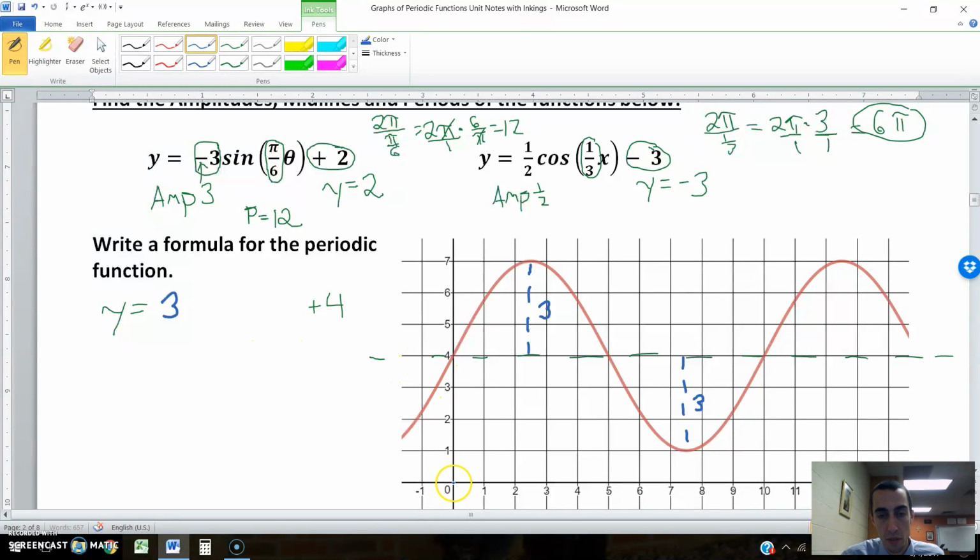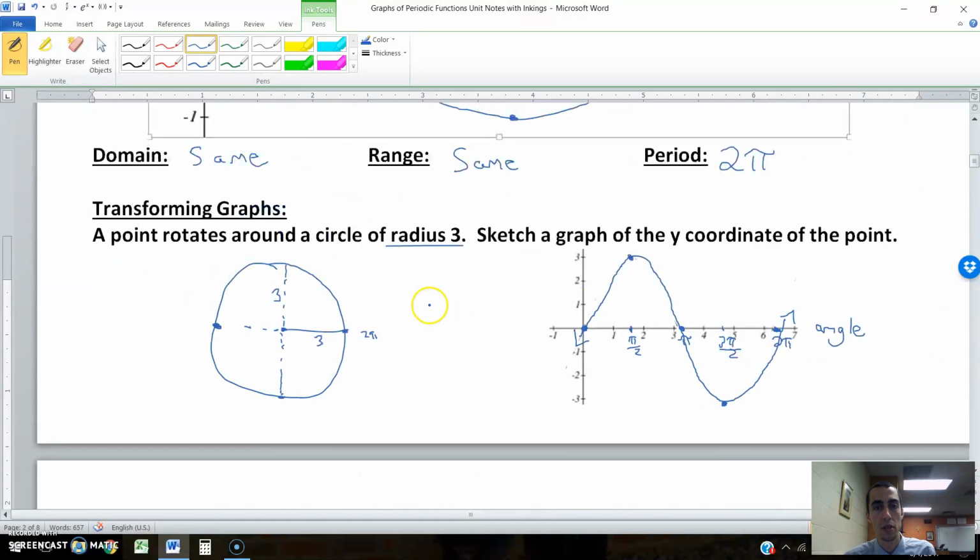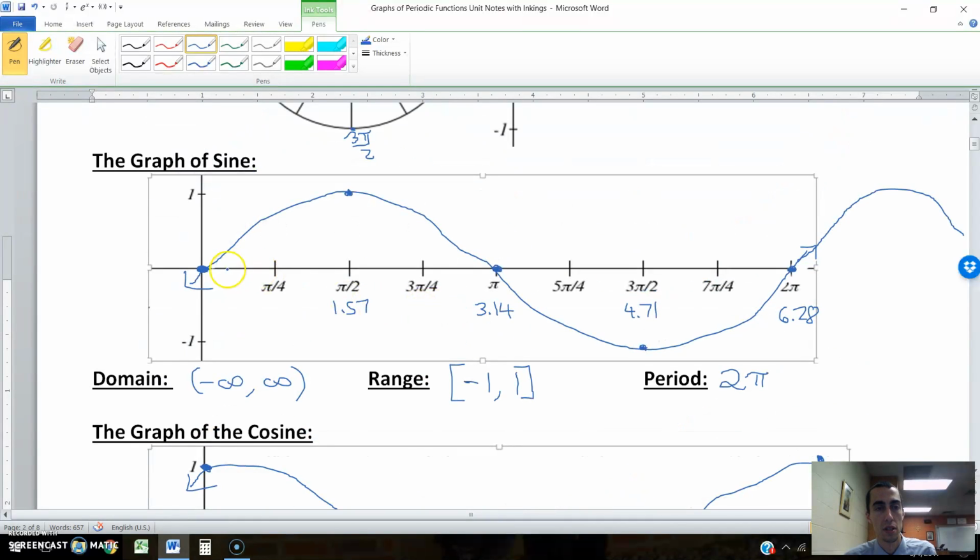Next thing that I'm going to do is look and see that when the angle is 0, my graph starts out at the midline. Now, notice that with a sine graph, when the angle is 0, it starts out at the midline.